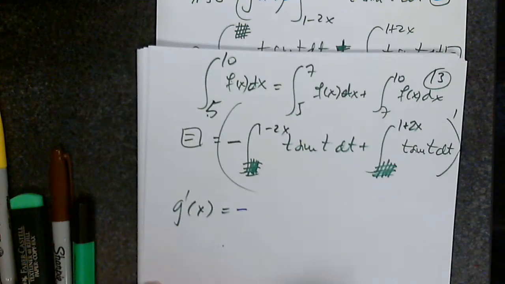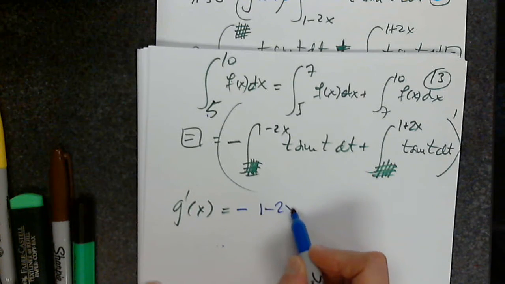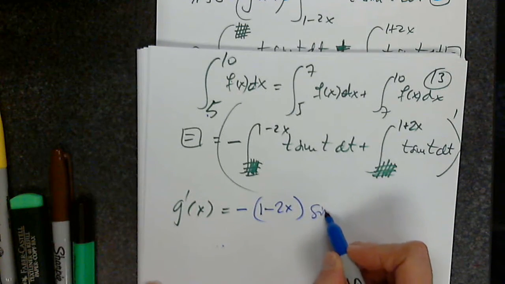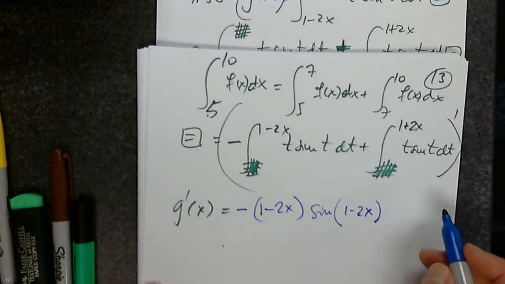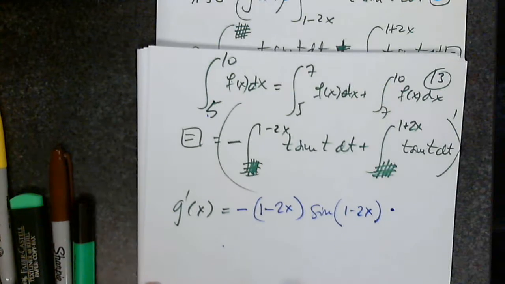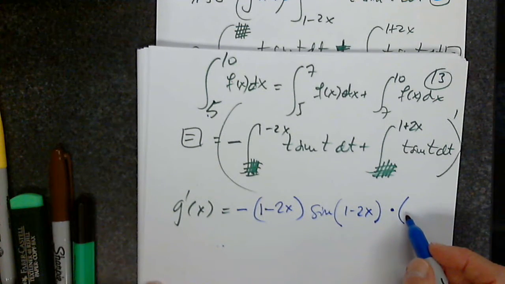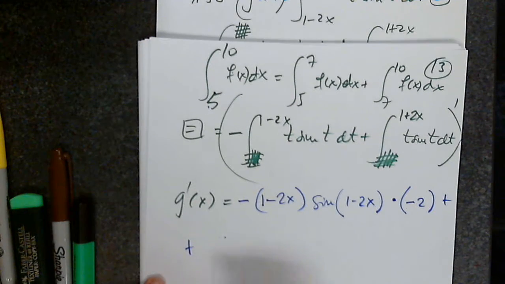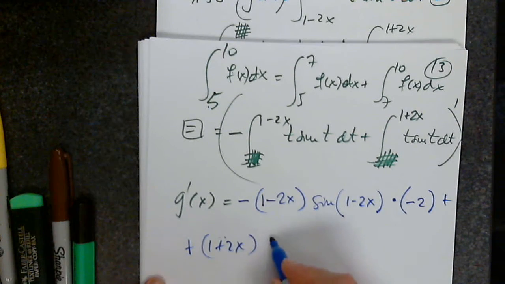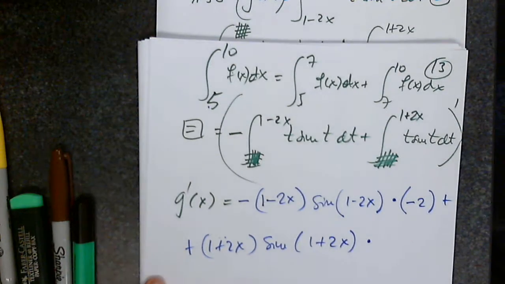Negative 2x, 1 minus 2x times sine, 1 minus 2x times the inner function prime. Plus 1 plus 2x, sine 1 plus 2x times the inner function prime.